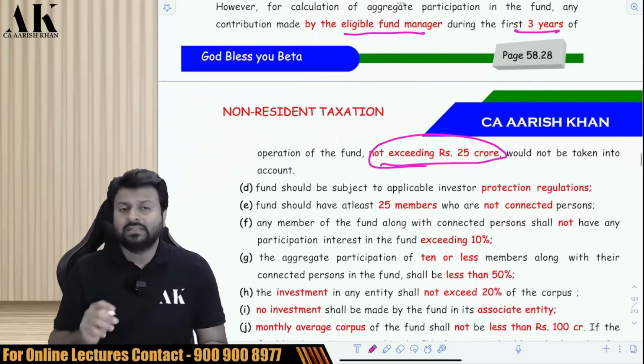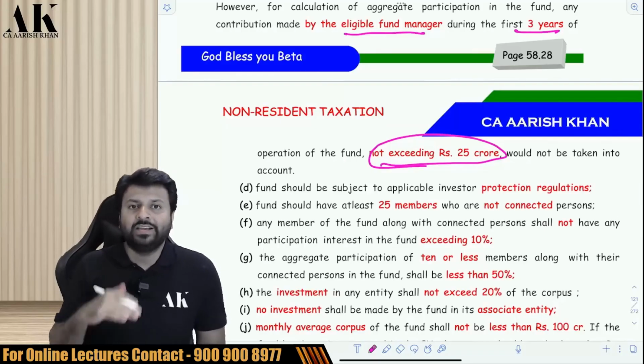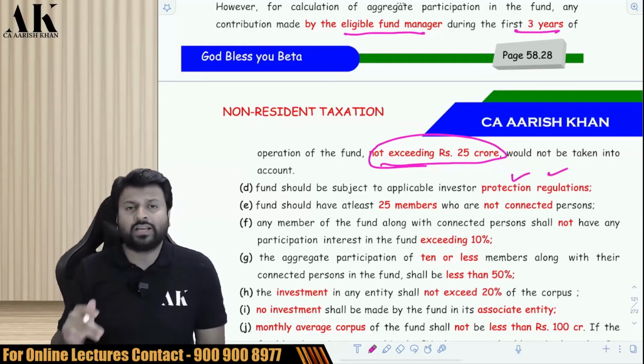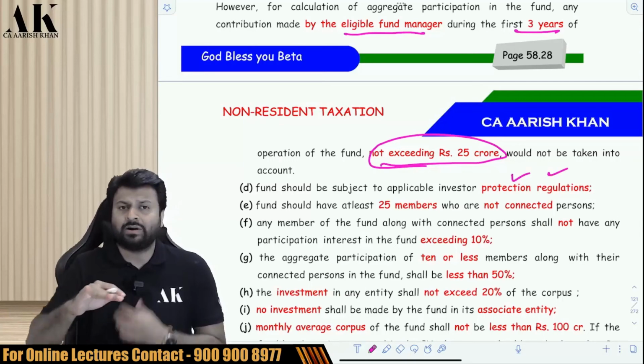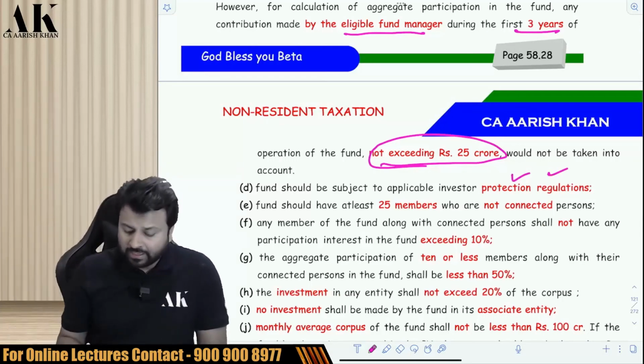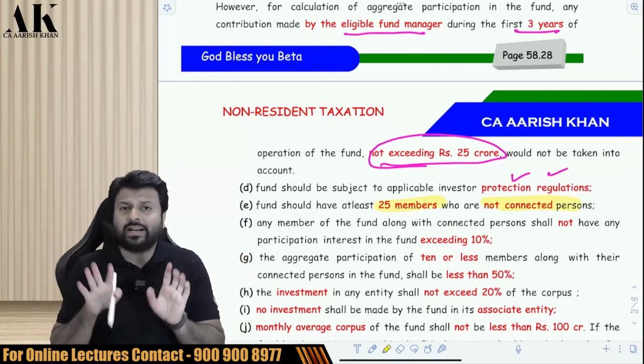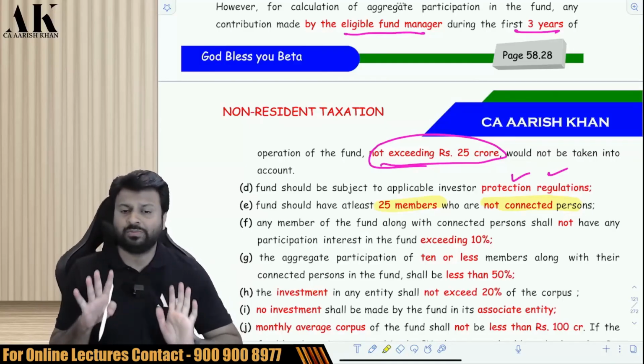Okay. Next, the fund should be covered. The fund which is located outside India, which is a non-resident fund, should be covered by investor regulation protections. Like in India, all the funds are covered by SEBI. So there has to be a similar SEBI-like institution in the foreign country. Next, the fund should have at least 25 members who are not connected to each other, who are absolutely not related to each other. At least 25 unconnected persons should be there in the fund.